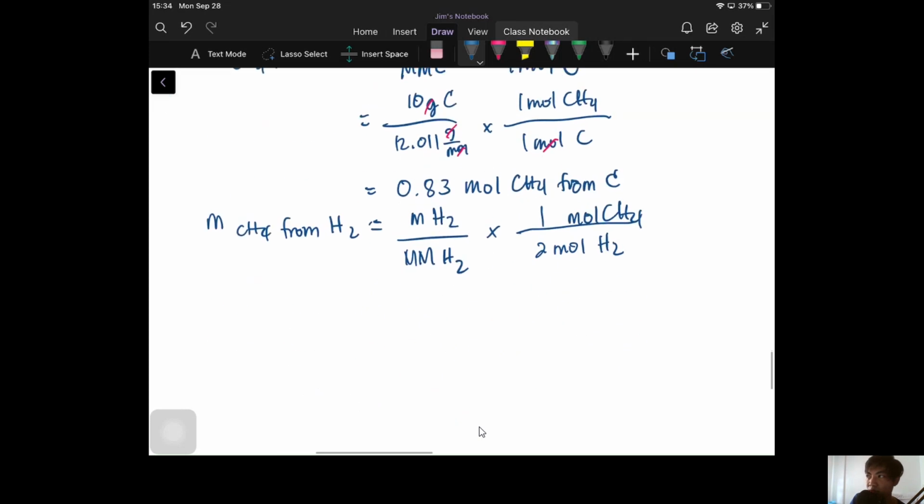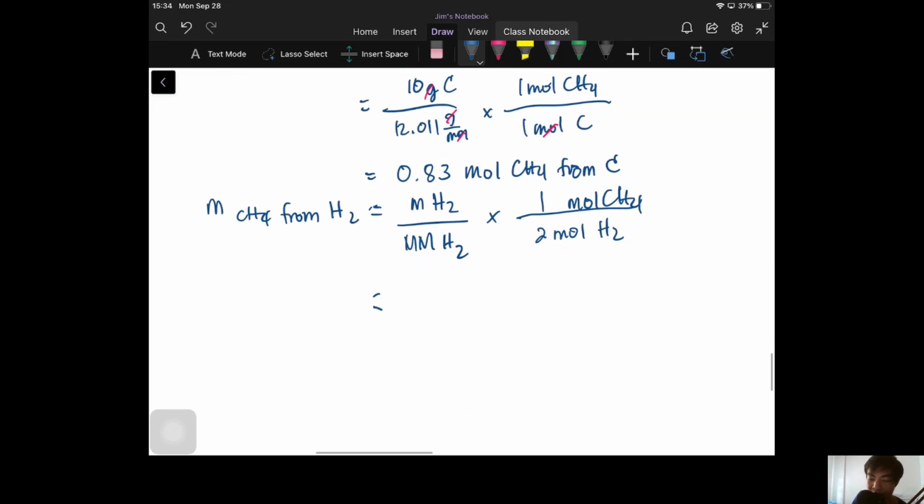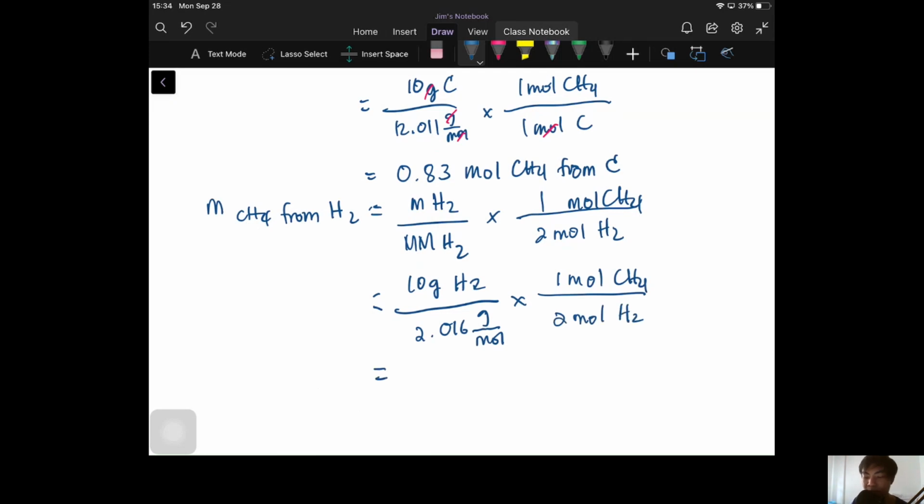Okay, so let me solve this naman. So that's 10 grams of hydrogen gas divided by 2.016 g/mol times the conversion factor, 1 mole. Okay, so solve ko lang.